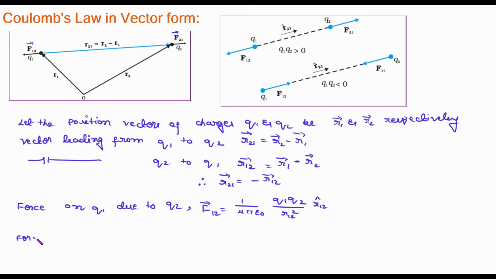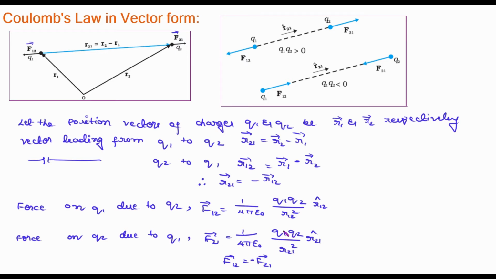Similarly, force on q2 due to q1, F21, is equal to 1 divided by 4 pi epsilon naught, q1 q2 divided by r21 square, r21 cap. It's very simple. Therefore r12 is nothing but minus of r21, so F12 vector is equal to F21 with a negative sign. This is Coulomb's law in its vector form.